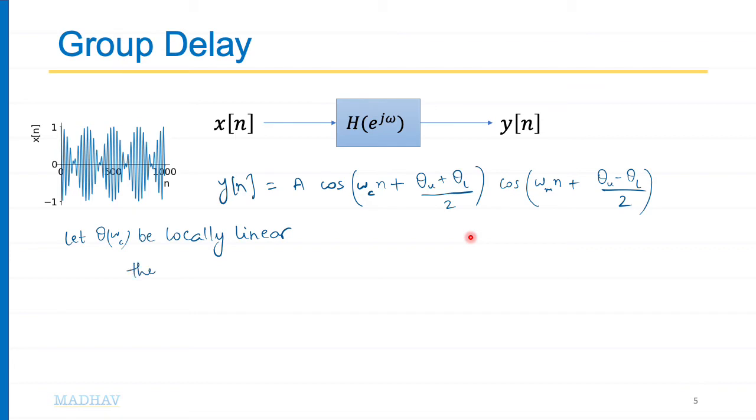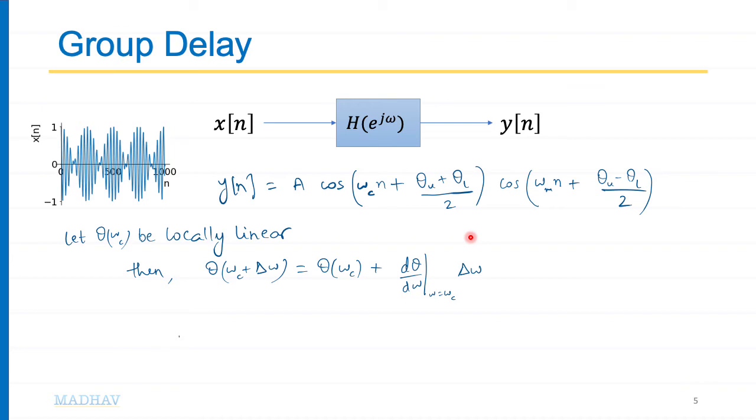So what does that lead to? If this happens, then omega c plus any small frequency, which we know is actually omega m, but let's call it delta omega, we can assume that theta of omega c plus delta omega is equal to theta of omega c plus d theta upon d omega times delta omega.